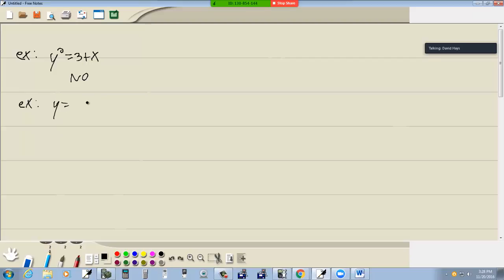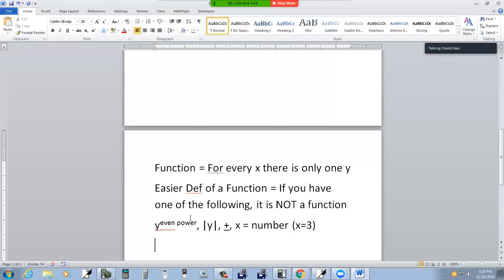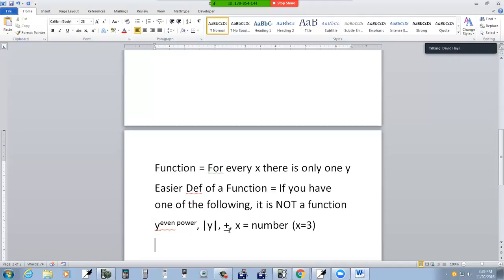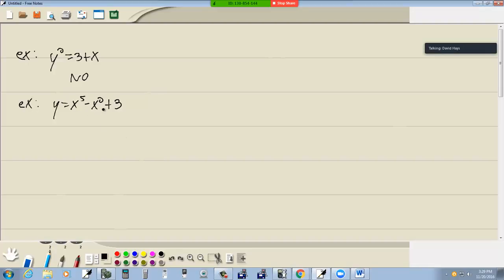On the other hand, if I had y is equal to x to the fifth minus x squared plus 3, we don't have y to an even power, so that's good. We don't have the absolute value of y, so that's good. We don't have this plus or minus symbol, so that's good. And we don't have x is equal to a number. If you had x equal to a number, it would say x equals 3 or x equals 5, nothing else with it. So the answer here is yes, this is a function.